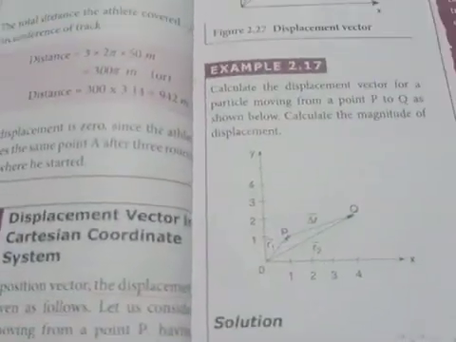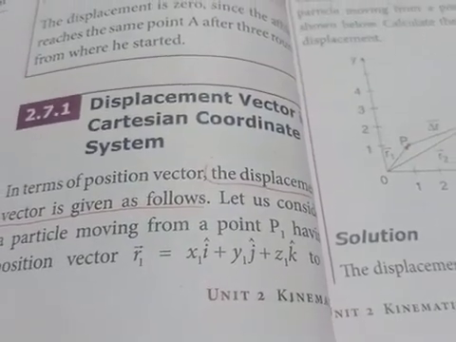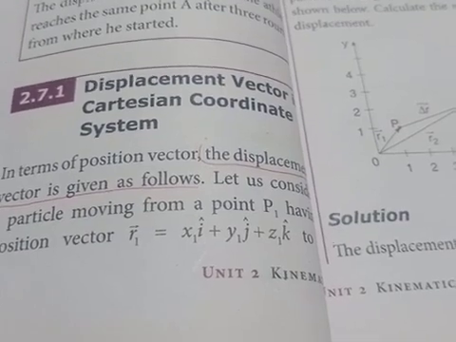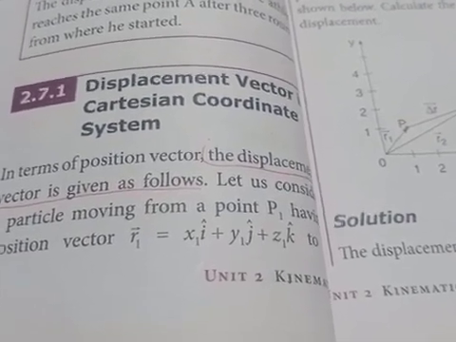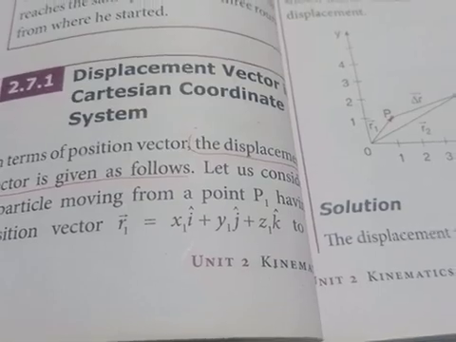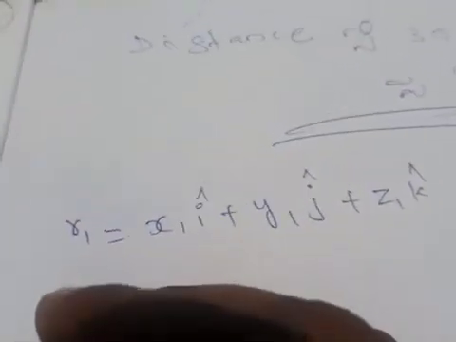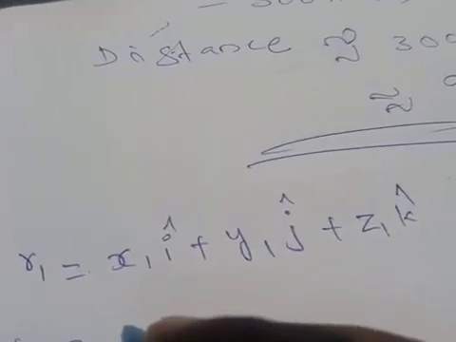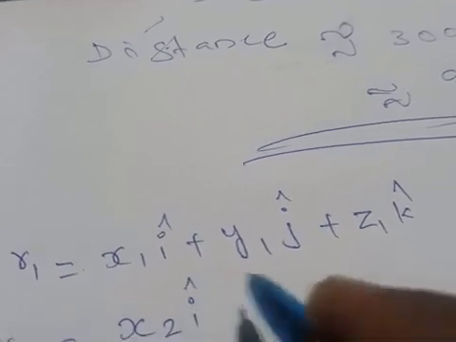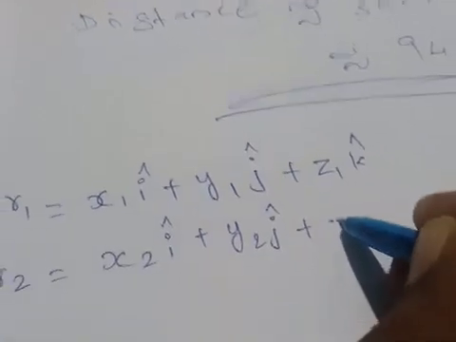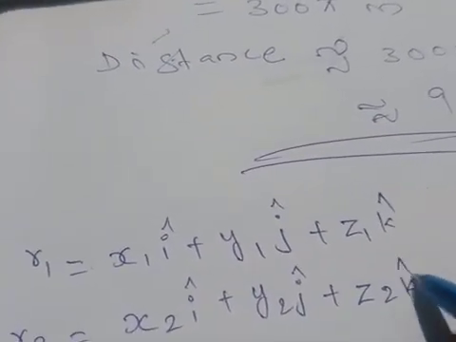And here you can see one example is given. Considering R1 equal to x1 i unit vector plus y1 j unit vector plus z1 k unit vector, and R2 is equal to x2 i unit vector plus y2 j unit vector plus z2 k unit vector.